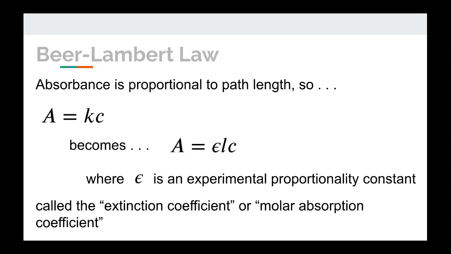So that value given by the Greek letter epsilon, that depends on the particular substance that you have. Different substances have different extinction coefficients. The path length, well, that's going to depend on the particular device that you're using to make this, and then concentration, of course. So this is just a more expansive version of Beer's law, called the Beer-Lambert law, that accounts for path length and for a constant that's related to the substance that you're analyzing.